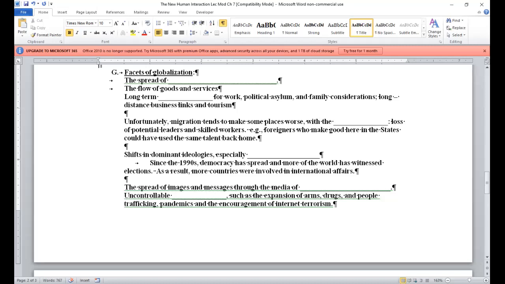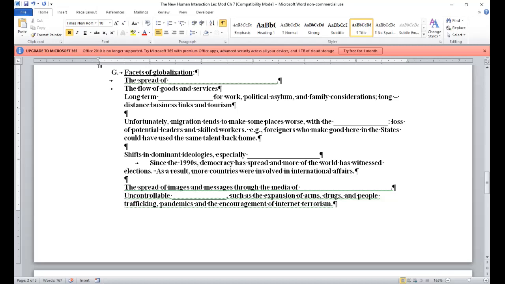Since the 90s, democracy spread and more of the world witnessed elections. Therefore, more countries were involved in international affairs. There is the spread of images and messages through the medium of TV, film, the internet, and print.